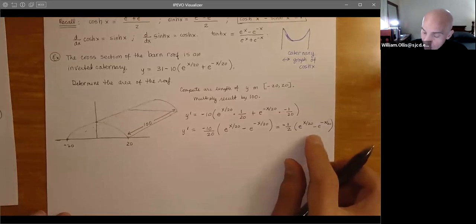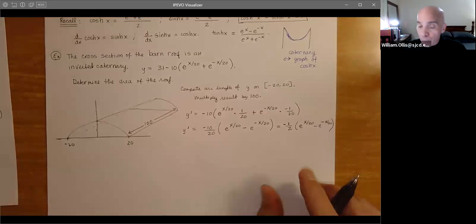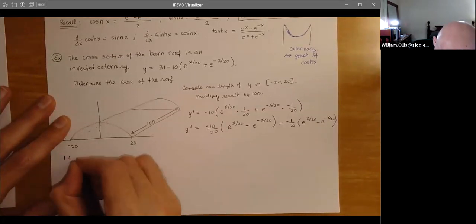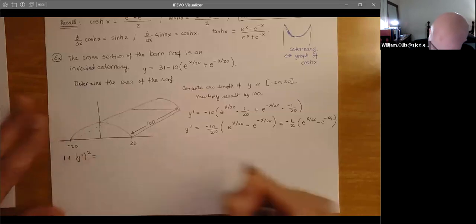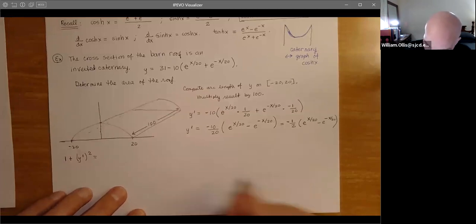So now we see that we have the derivative, and now we want 1 plus y prime squared. I was telling you before, this formula presents a lot of algebra just by its very nature being Pythagorean.